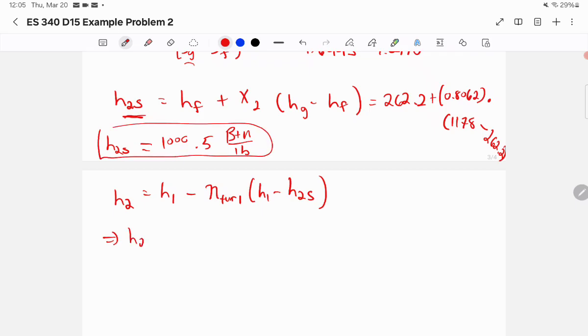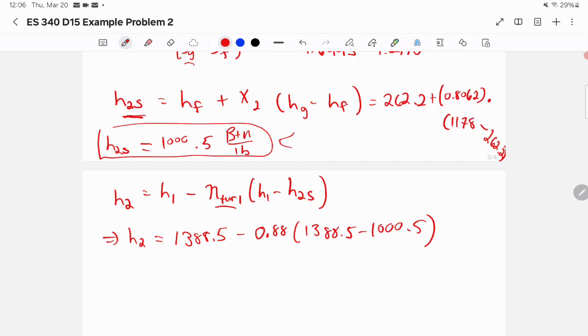So that means H2 is going to be equal to my H1, which was 1388.5, minus the eta of the turbine, that was 88%, which is 0.88, times the 1388.5 again, minus the 1000.5 that we found up here for H2S.